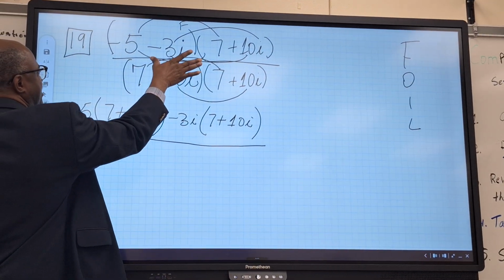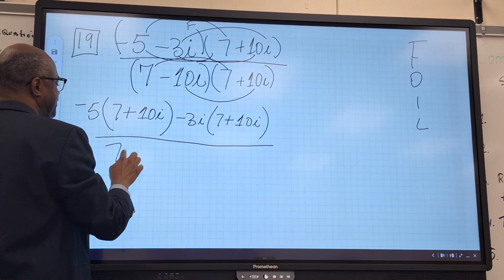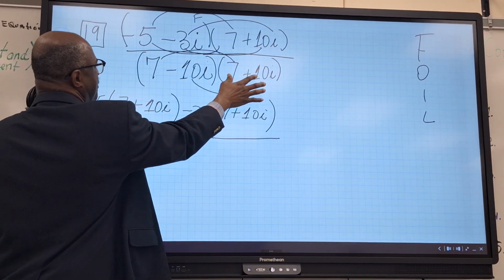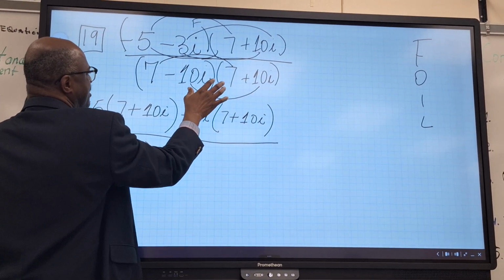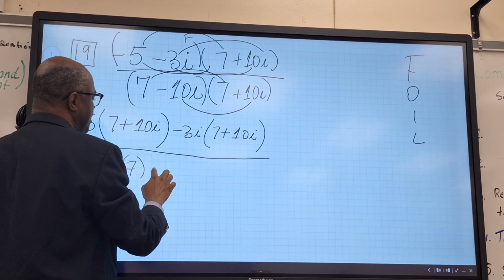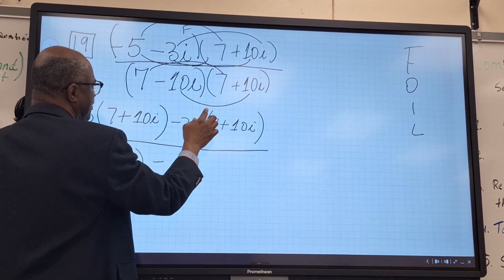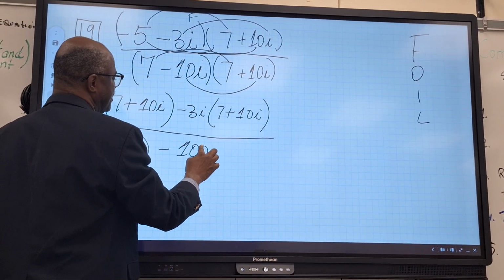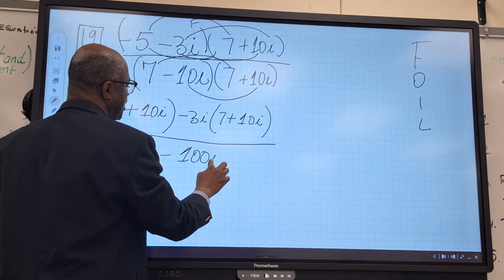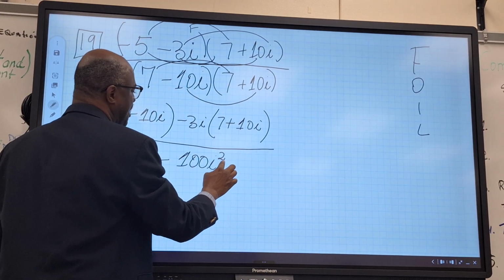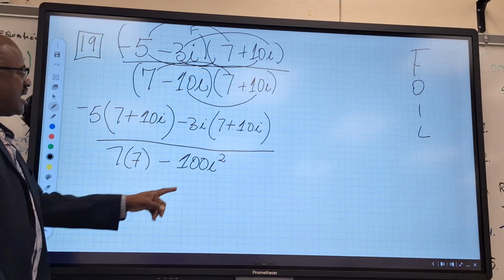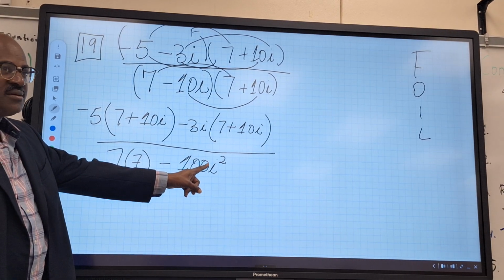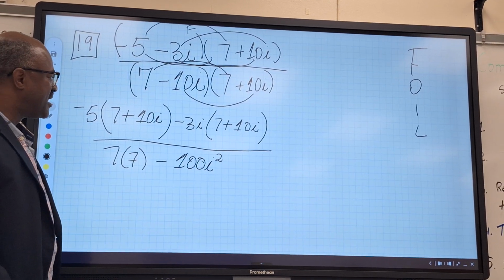That would be 7 times 7, and that will be positive. A negative will become negative what? 100 what? i squared, exactly. And as you know, that will have to be simplified because i squared is equal to what? Negative 1. You have to replace that with negative 1.